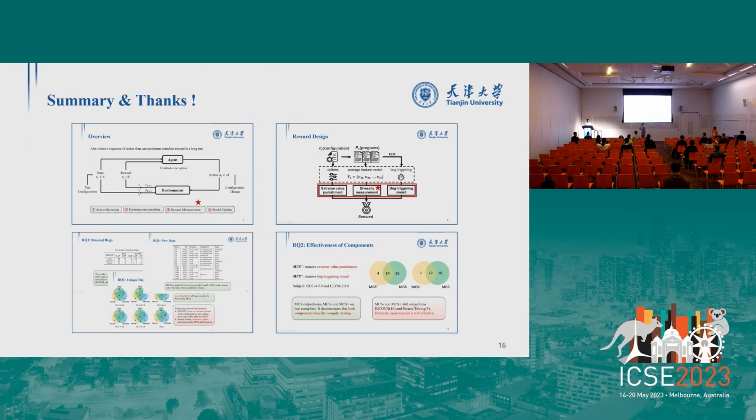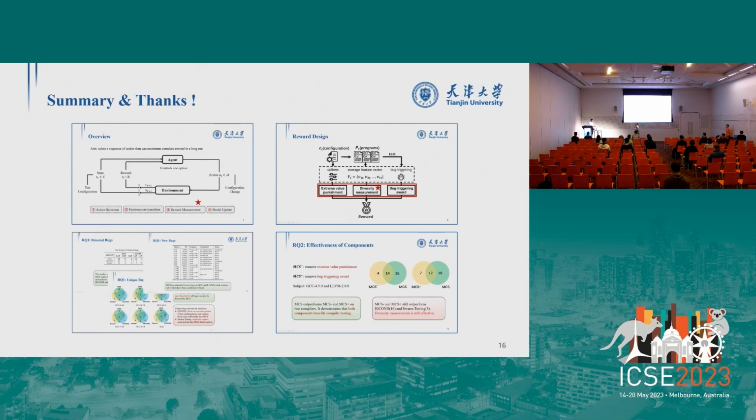So one of the rewards is this bug triggering award. How do you identify duplicate bugs? If the same bug is triggered multiple times, do you still give a reward for that?